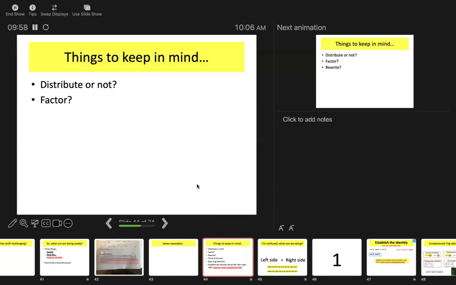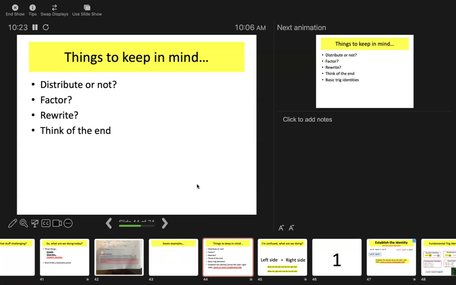Right. If you can't see towards the end, you're like, I don't know, I can't see what you're talking about, or I can't figure out what I should do next. Well, then factor, see if it works. Go down that alley, right? Same thing with distribute. If you can't see that's what I should do or not, well, then try it out. Maybe it works, maybe it doesn't. Should you rewrite? Should you keep it the same? Who knows, right? Choose a path, go down it, see if it works or not.